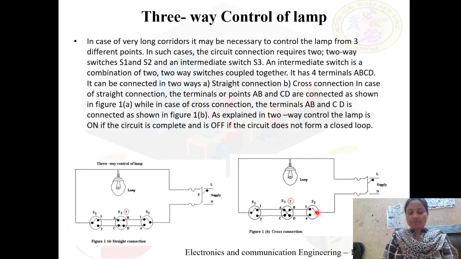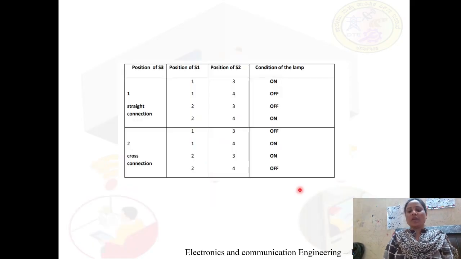S1 at 1, S2 at 4 and S3 in the cross mode. So just observe, S1 will be pointing to 1, 1 to A to D, D to 4. So S2, if we point it to 4, there is a closed path, the lamp should be glowing, it is on.